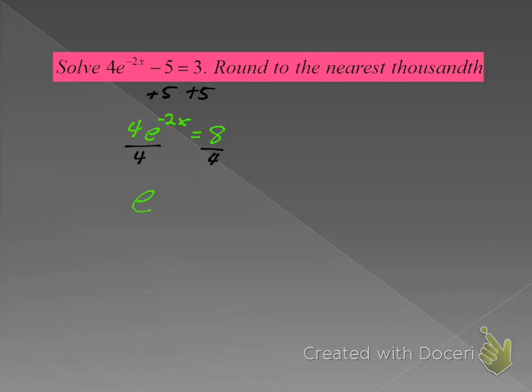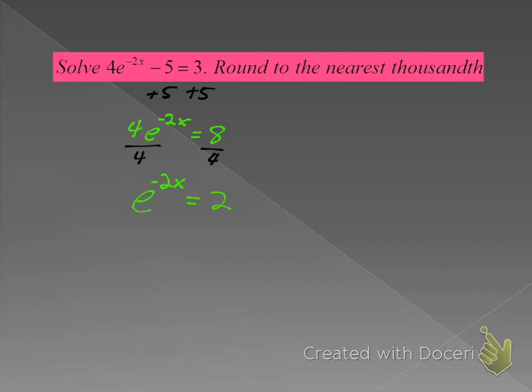That leaves you with e to the negative 2x equals 2. Isolate it down to the e and whatever its exponent is. That's your first step. Whatever you have to do to get there, you do it. Sometimes it's easy, sometimes it takes a couple of steps. It just depends.